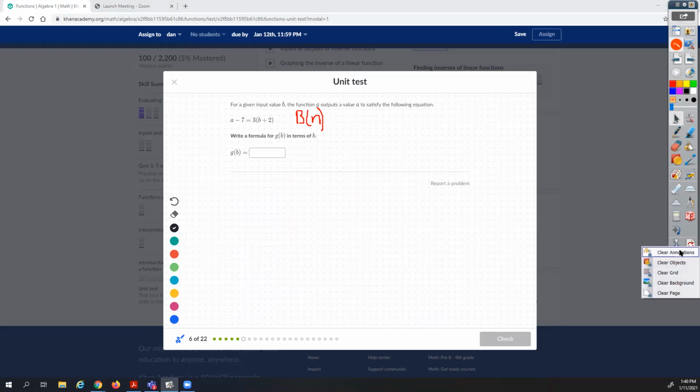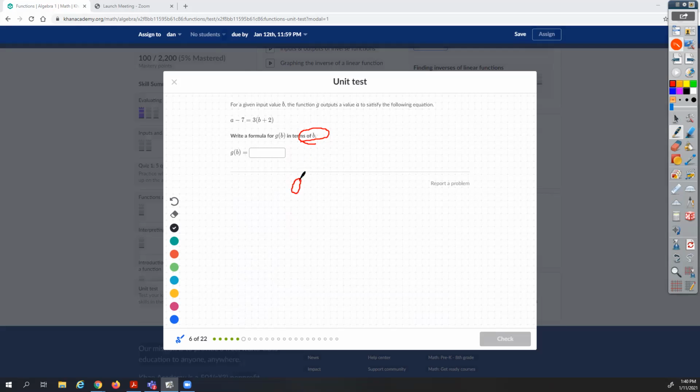Let's look at this one here. It says for a given input value b, I don't know what the value b is going to be, the function g outputs a value of a to satisfy the following equation. Write a formula for g of b in terms of b. So if we want it in terms of b, let's solve for b.